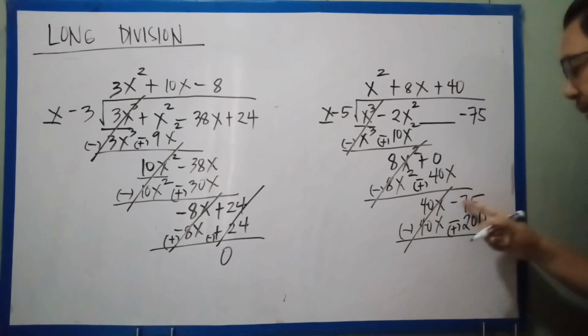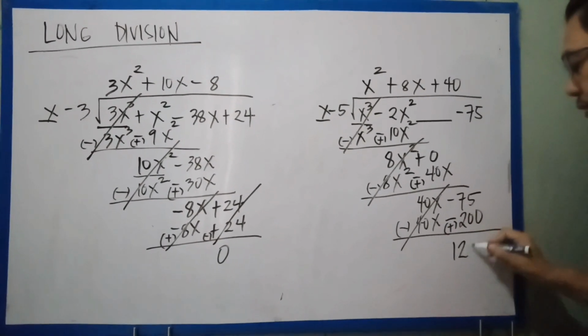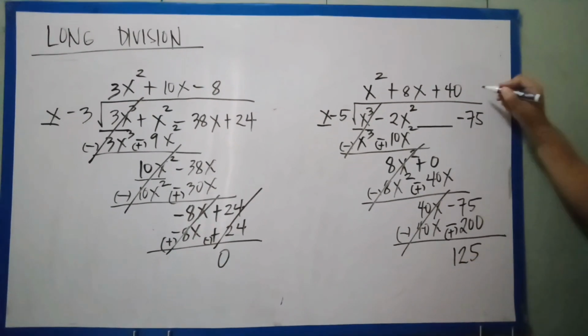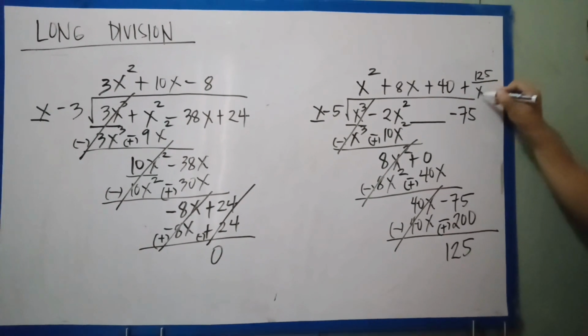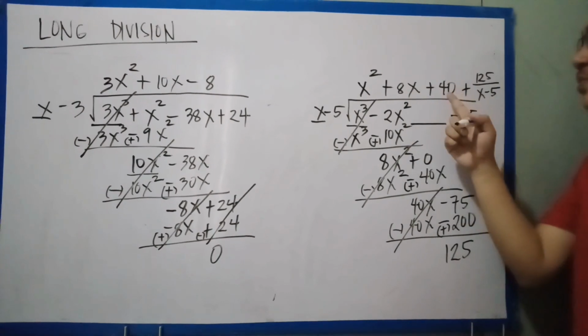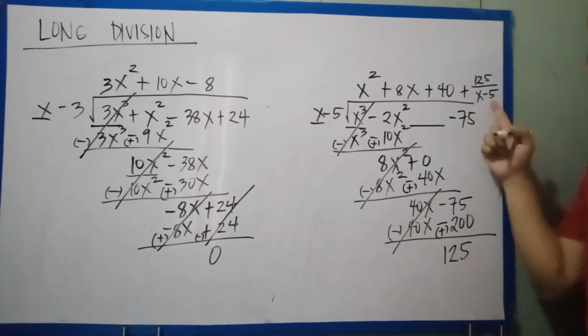So negative 75 plus 200 is equal to positive 125. So therefore, 125 is our remainder. So we have here plus 125 over x minus 5. So our answer is x squared plus 8x plus 40 plus 125 over x minus 5 as our remainder.